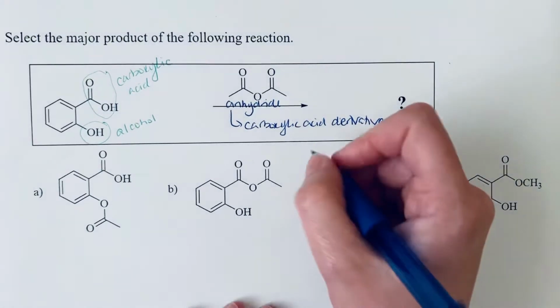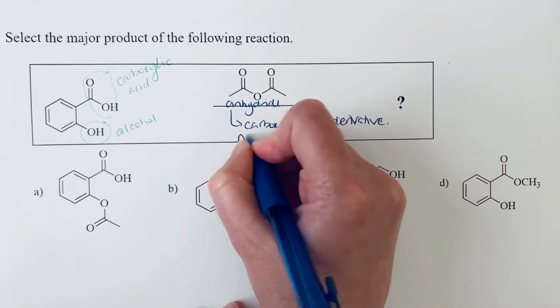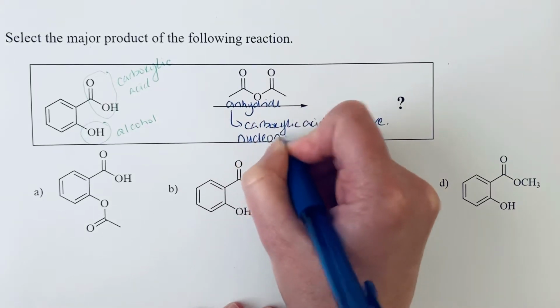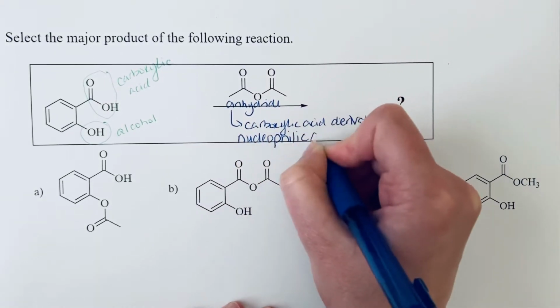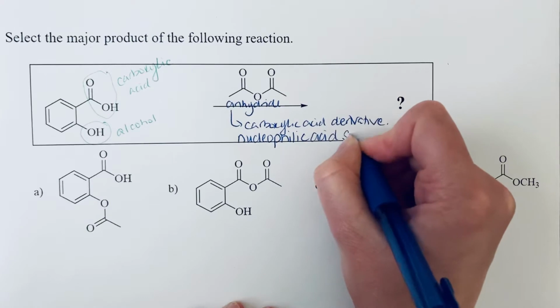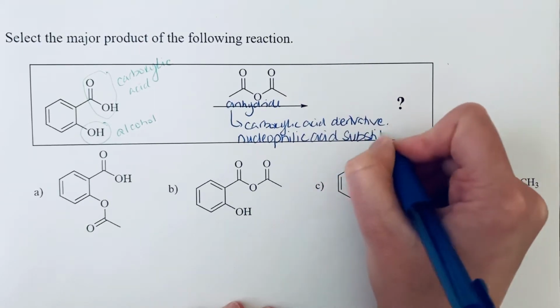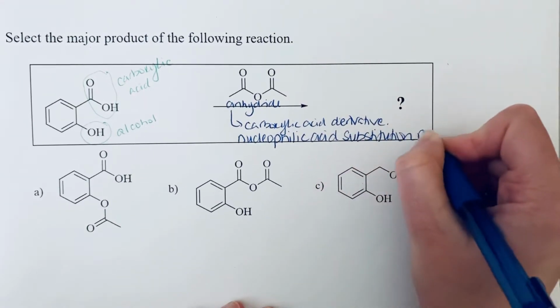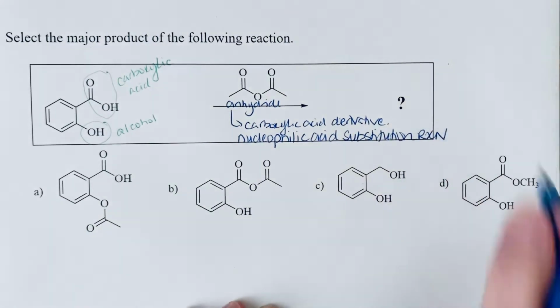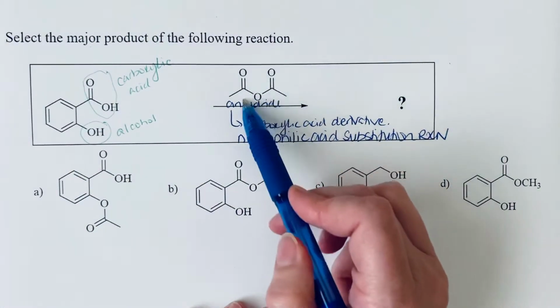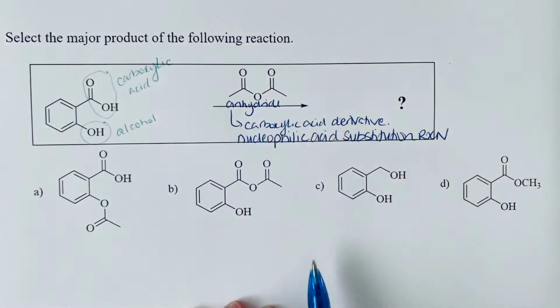So this is going to undergo a nucleophilic acyl substitution reaction. What that means is you're going to replace one side of the acid anhydride with a nucleophile.